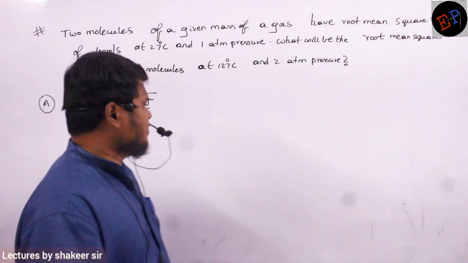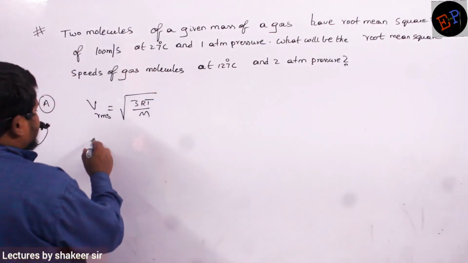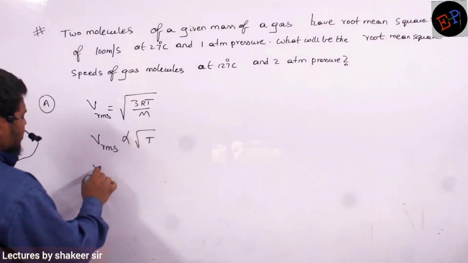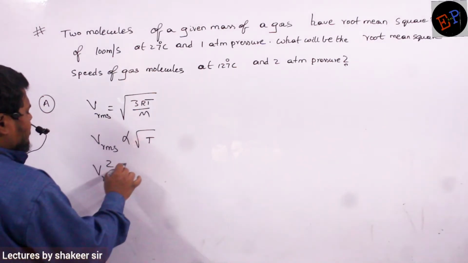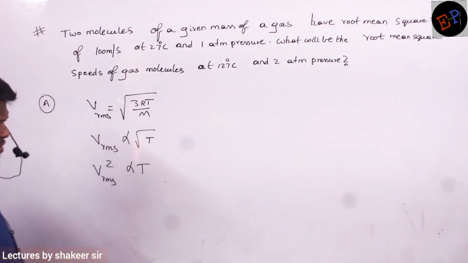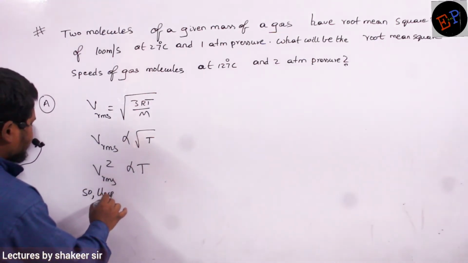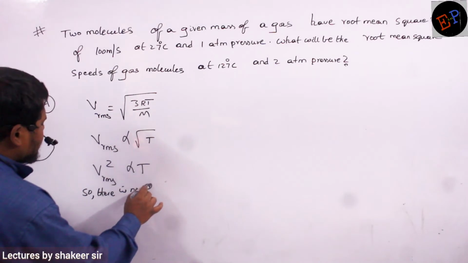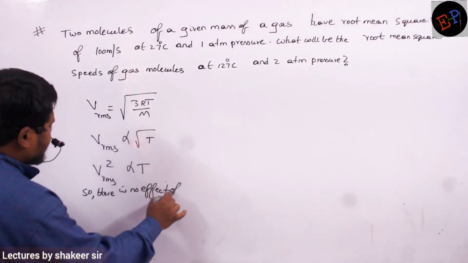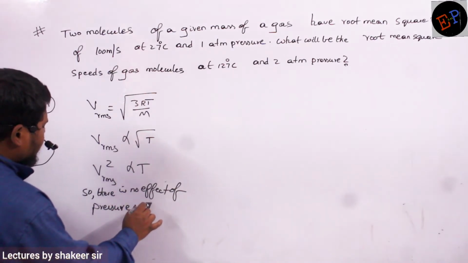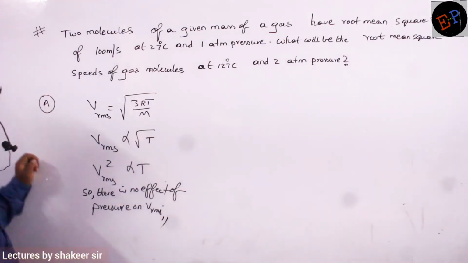So I will write that Vrms is proportional to root T, or you can write Vrms square is proportional to T. That's it. So there is no effect of pressure on Vrms.